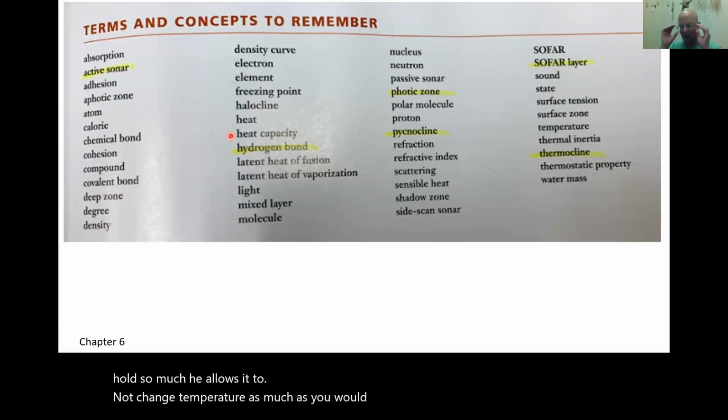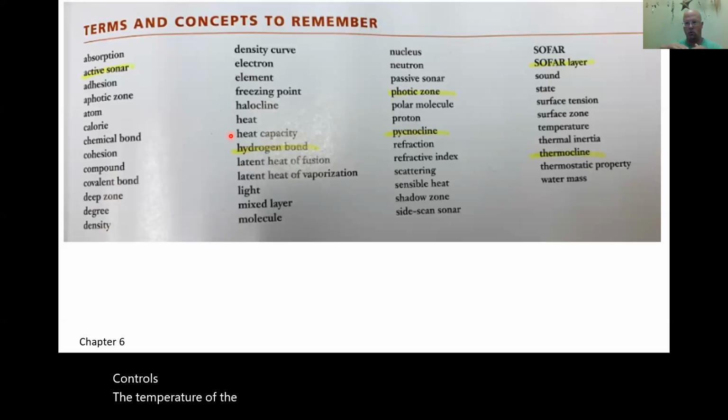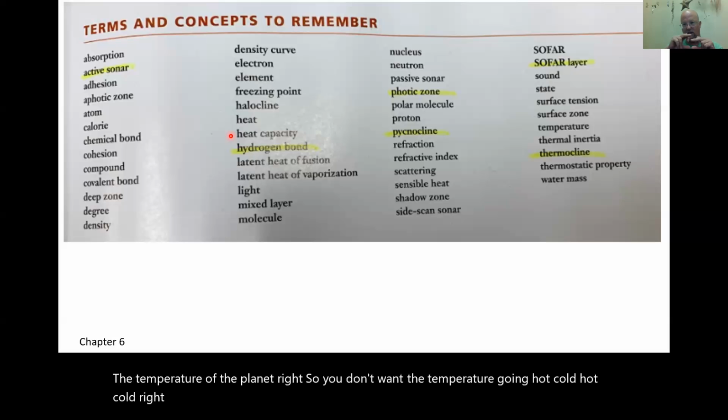And that's important because it controls the temperature of the planet, right? You don't want the temperature going hot, cold, right? It can change, but not so much. And that's because of water in the oceans.